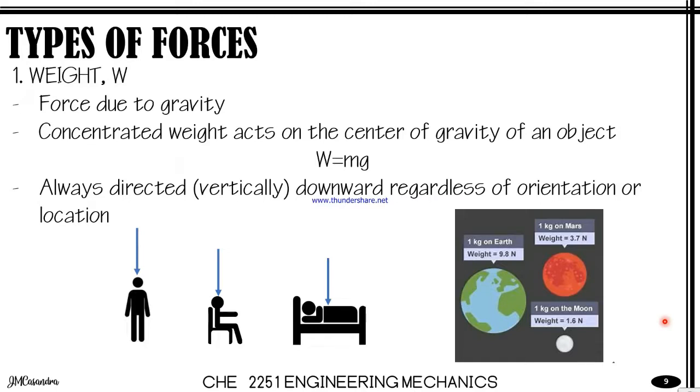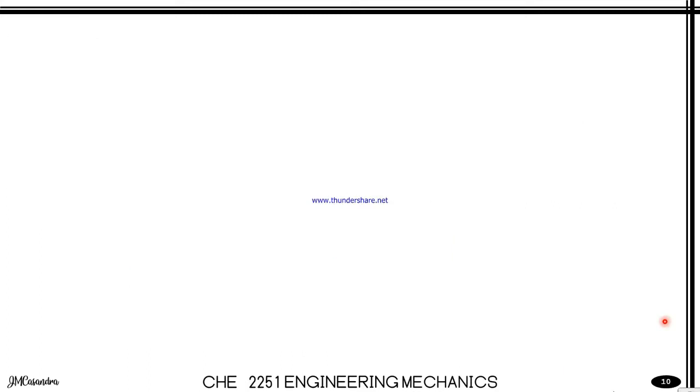But when it is on Mars, the 1 kilogram object will have a 3.7 Newton weight. And on the Moon, it will have a 1.6 Newton weight. So as you can see, for the same mass, it will have different values of weight depending on its location.